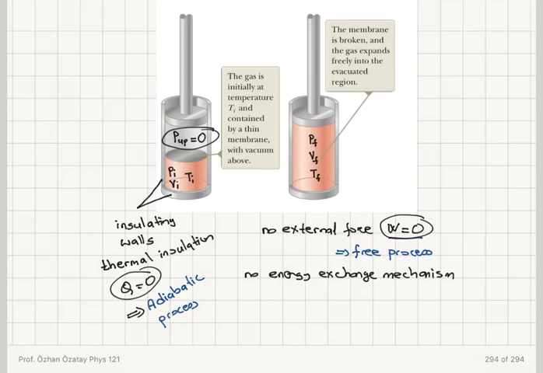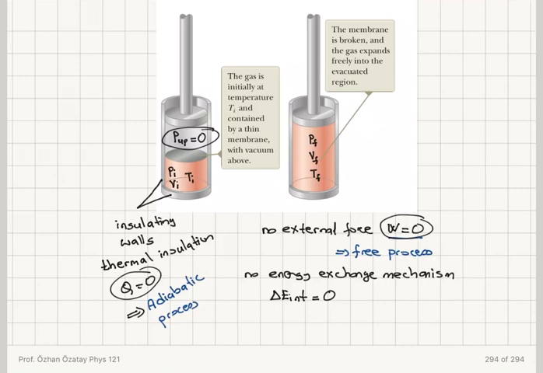No heat can be added to the system because it has thermally insulated walls. That means the change in the internal energy of the system must be equal to 0. There is nothing that changes the internal energy of the system.